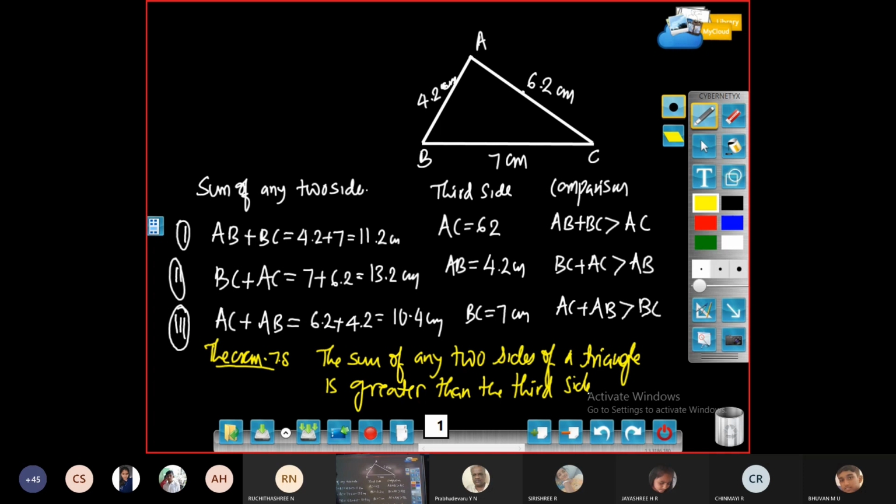This is the statement obtained from this activity. So we have compared the sides. Sum of any two sides is always greater than the third side. This is applicable for all the triangles.